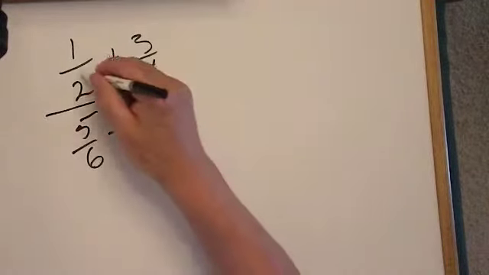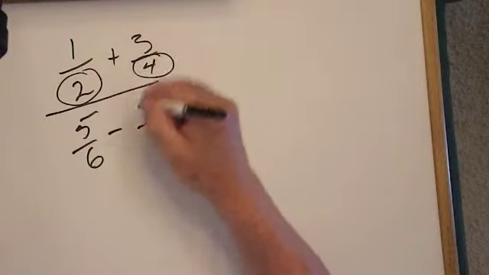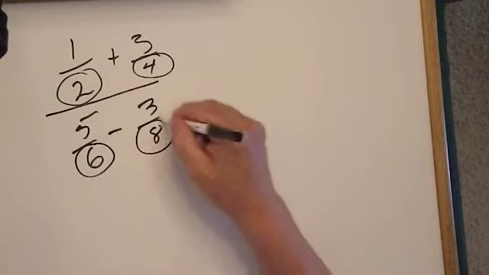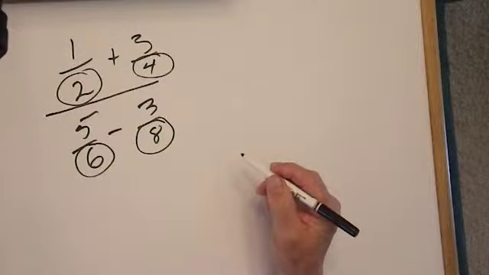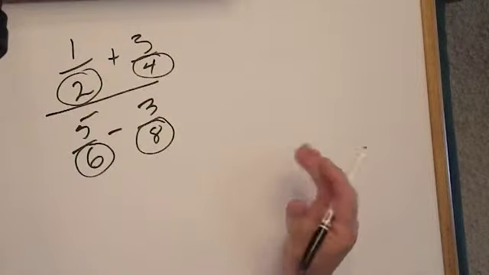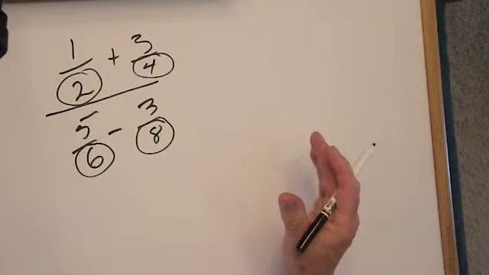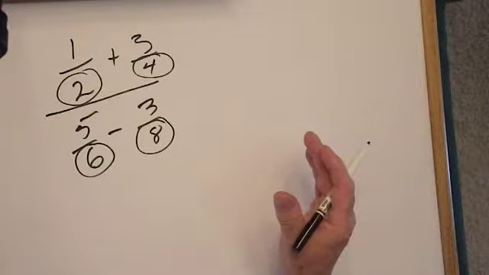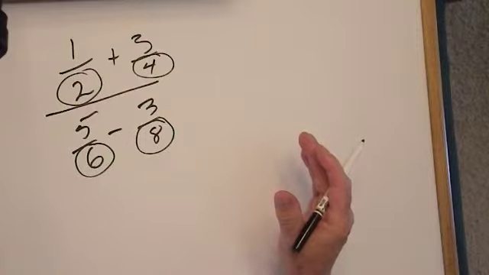Well, the denominators are 2, 4, 6, and 8. If we find the least common multiple of those denominators, that is the smallest number that each of them divides into, that would have to be 24.